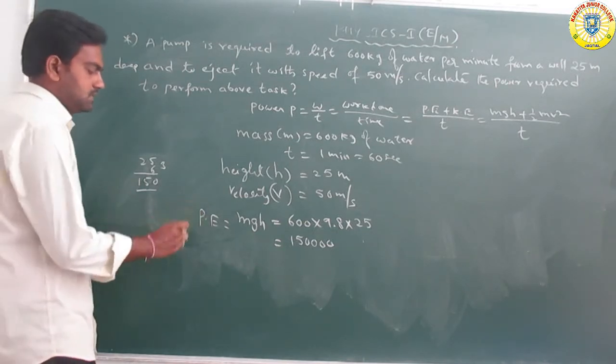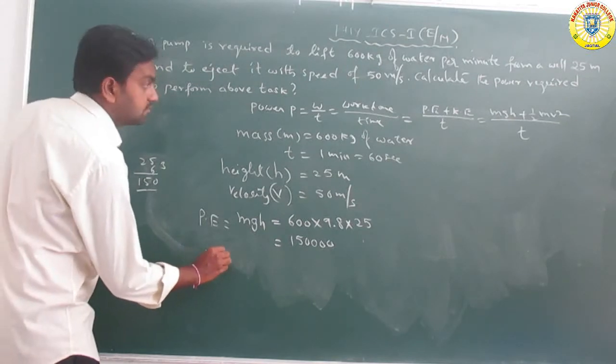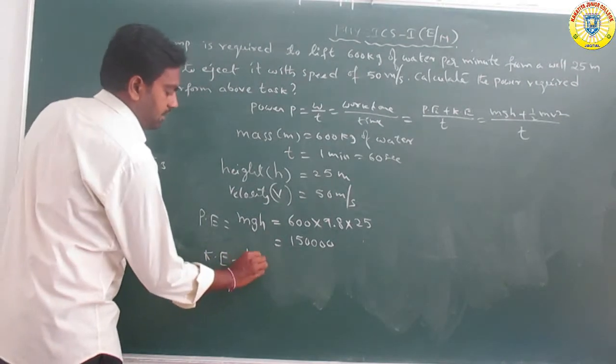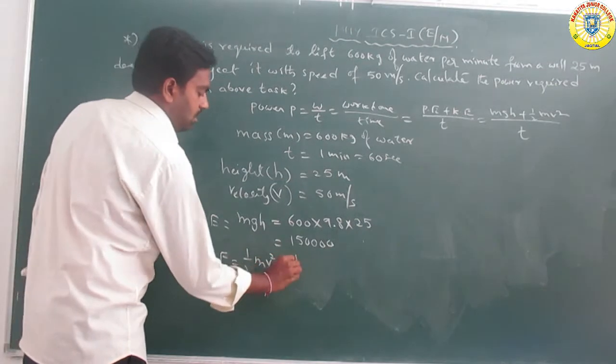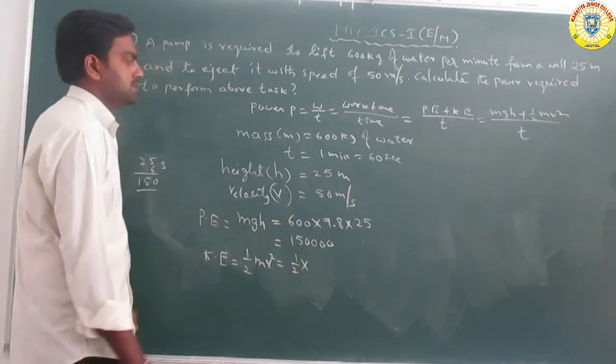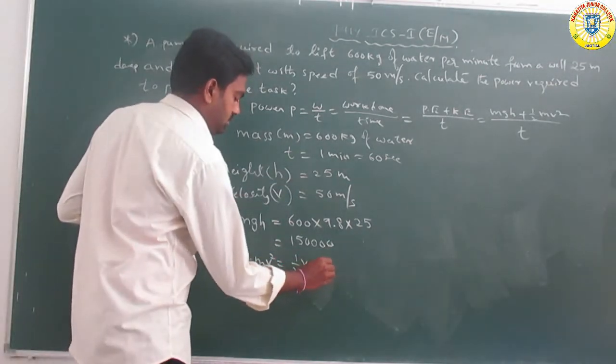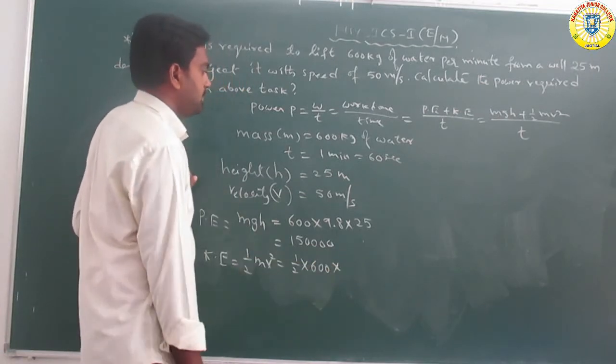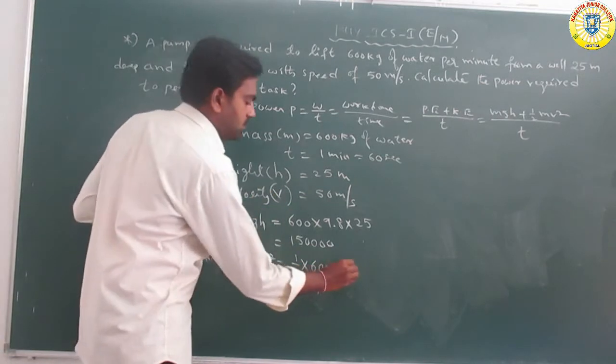Now the potential energy is mgh, and the kinetic energy is half m v square, where m is the mass 600 and v square is 50 whole square.